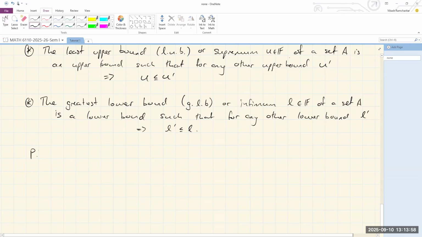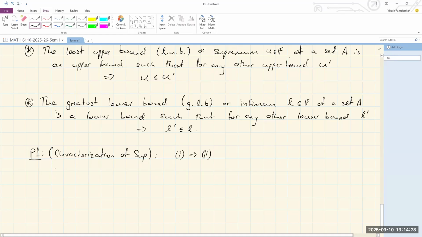So, proof for the characterization of supremum. We'll prove 1 implies 2 first. That says if U is the supremum, I need to show that U is an upper bound, and for any epsilon, U minus epsilon is not an upper bound.